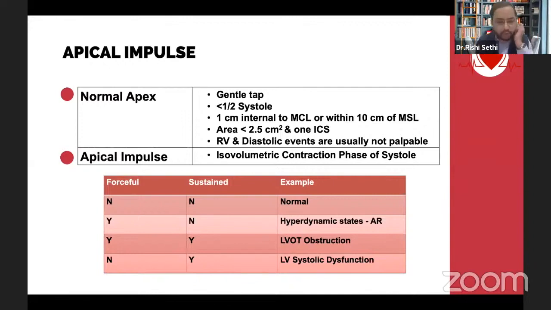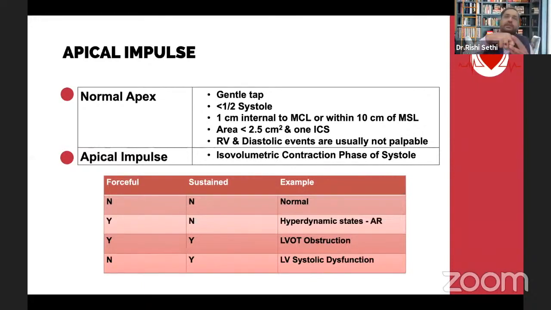And that brings us to the question, how do you feel an apical impulse? There are different theories associated with it. Generally, you feel the apex beat and the apical impulse during the first isovolumetric contraction phase of the ventricle. When the ventricle is contracting against closed tricuspid and semilunar valves, with fluid inside it, it goes into a torsion, an anti-clockwise rotation.